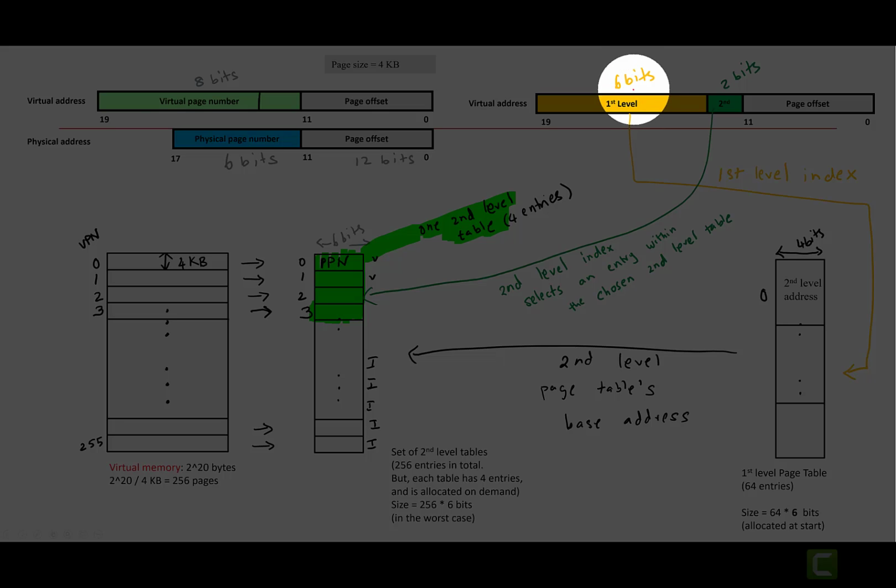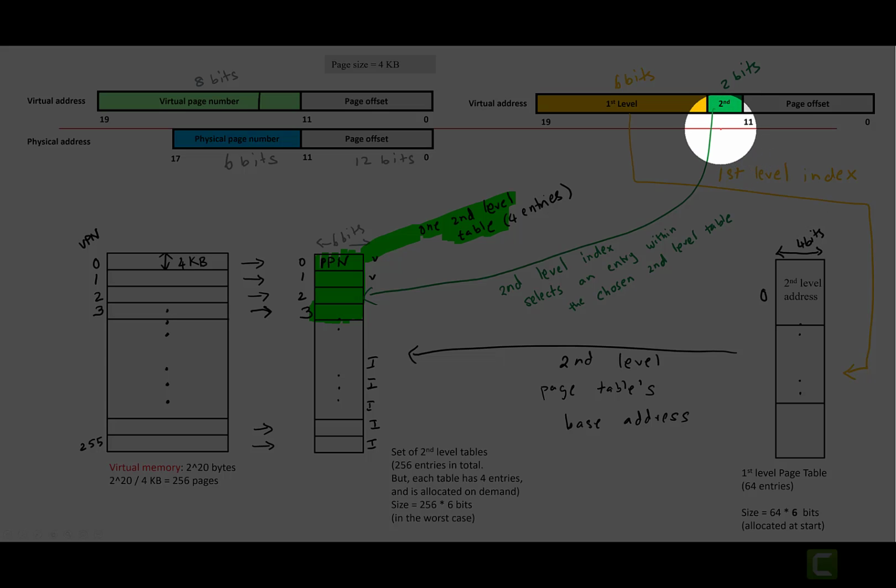The same math that we did holds true. But I'm going to go back to my original page offset, which is 12 bits, because I want to have small pages. So I'm keeping my super page field, and I'm keeping my smaller page offset. Now I'm still left with these 2 extra bits in the middle.